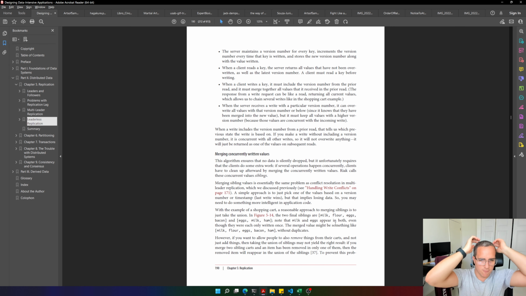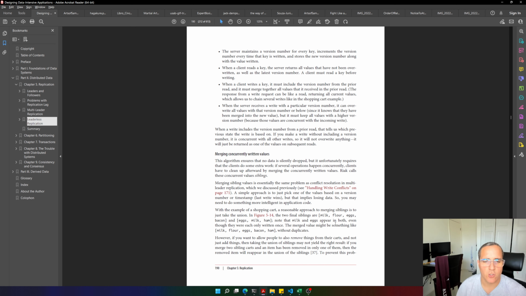See Handling Write Conflicts on page 171. A simple approach is to just pick one of the values based on the version number or timestamp. Last write wins, but that implies losing data, so you may need to do something more intelligent in application code.